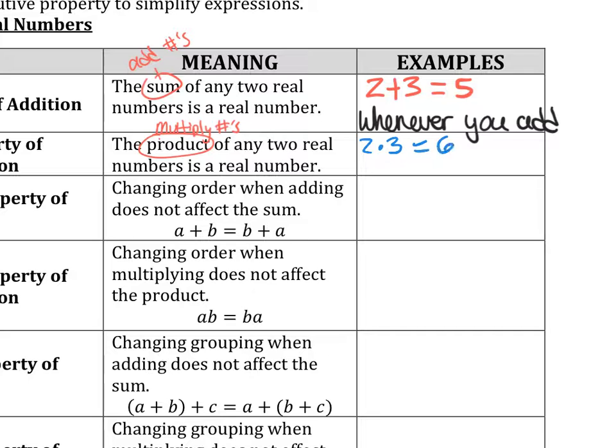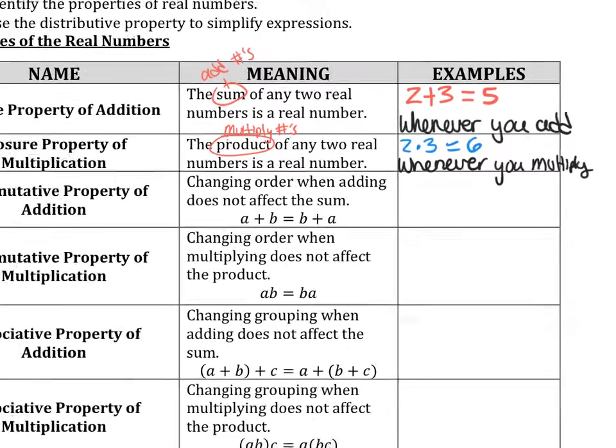Multiply them together, you get 6, which is also real. And so whenever you multiply numbers together, you can do so because of this closure property of multiplication. Okay, those two are pretty straightforward, just adding and multiplying.